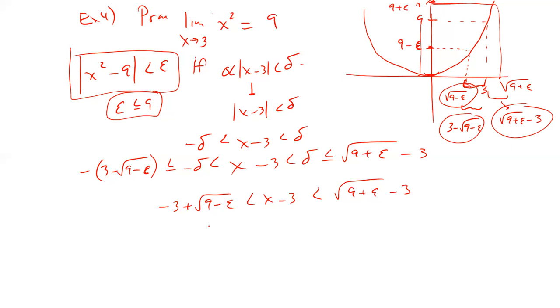So adding 3 everywhere. Squaring. Take the square root of each of those.